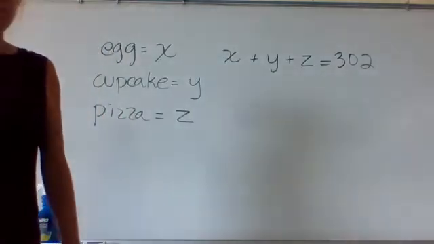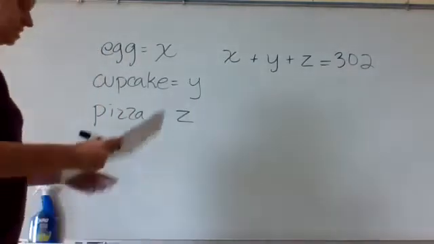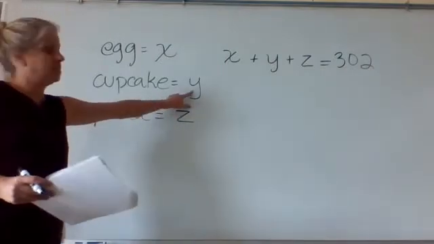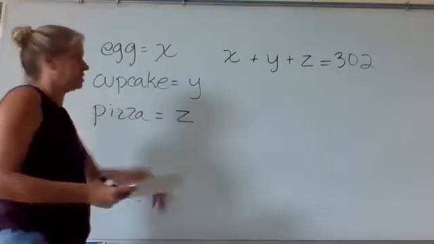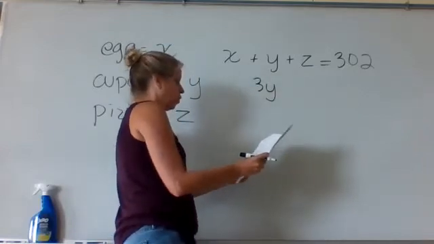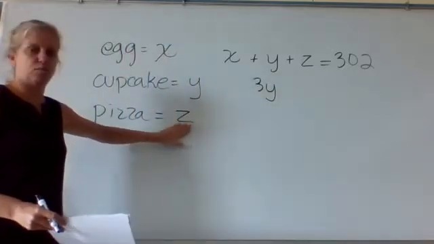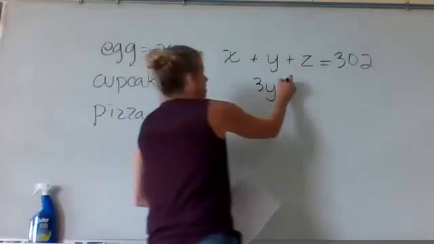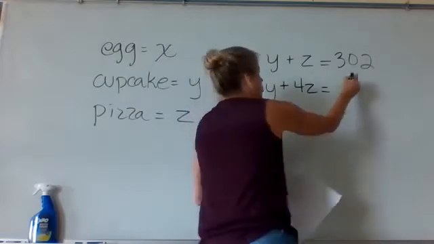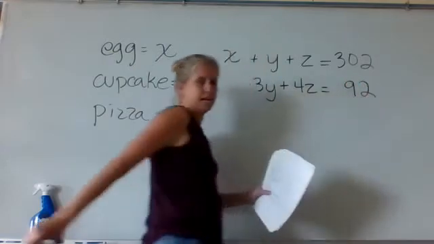The second sentence says if you eat 3 cupcakes, which would be 3 Y's, and 4 slices of pizza, which would be 4 of the Z's, you would consume 92 milligrams of cholesterol.